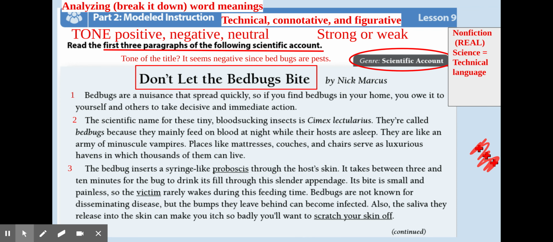Its bite is small and painless, so the victim rarely wakes during this feeding time. Bed bugs are not known for disseminating disease, but the bumps they leave behind can become infected. Also, the saliva they release into the skin can make you itch so badly you'll want to scratch your skin off.